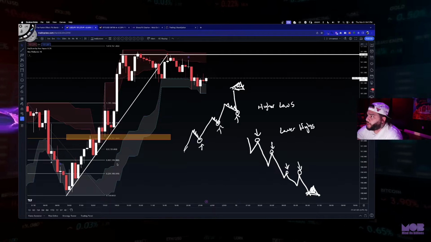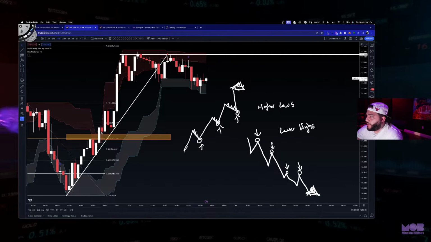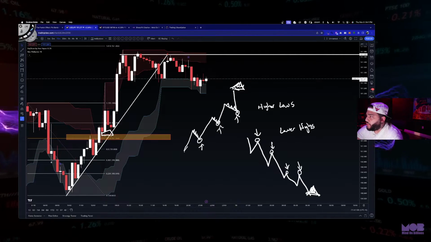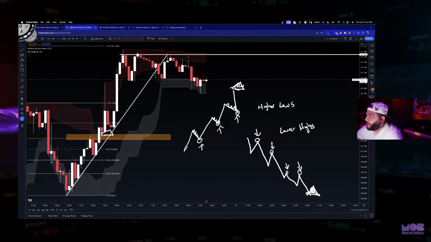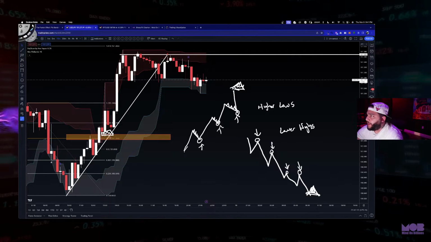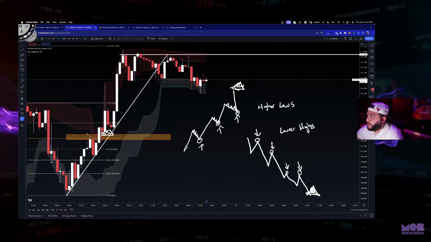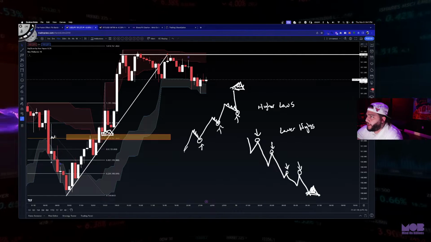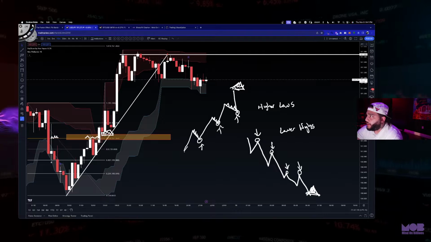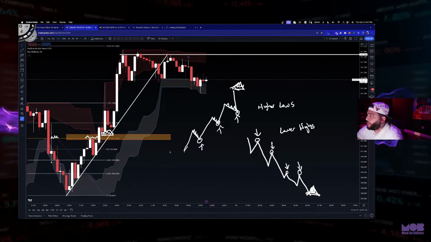And you're going to notice multiple touches. So right over here, we see there's a few times that the market wicked right around this area. You're going to see that there's a reaction point. For sure, there's a reaction point. These are reaction points.